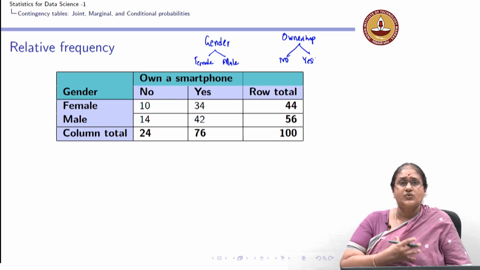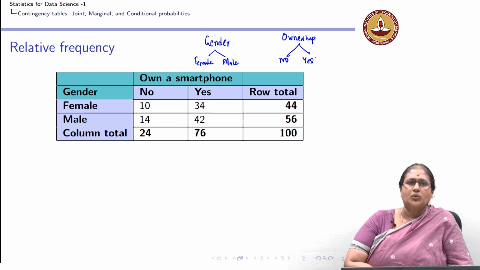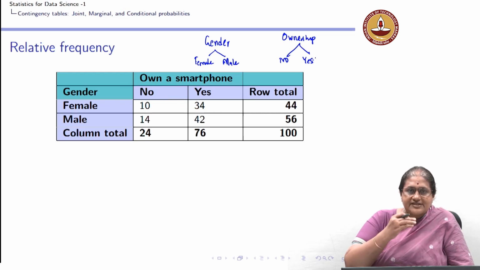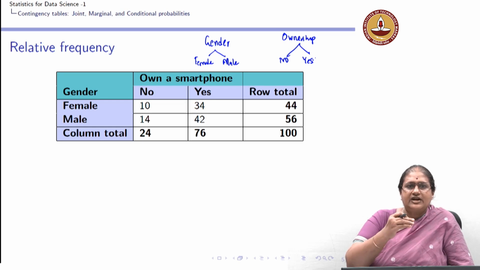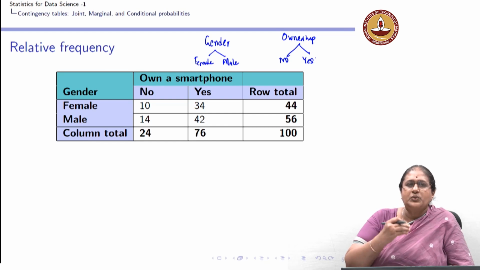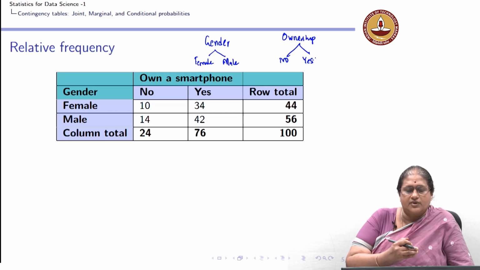The questions we posed were: if a person is a female, what is the relative frequency of a female owning a smartphone, or of a male owning a smartphone, or what is the frequency of a person who owns a smartphone being a male or a female.